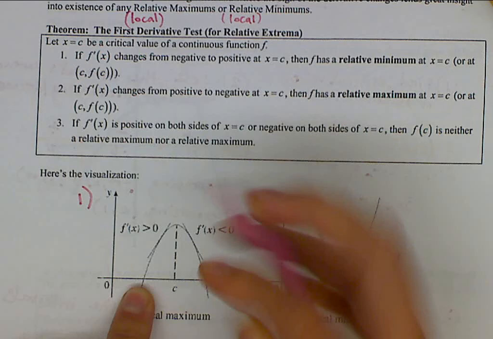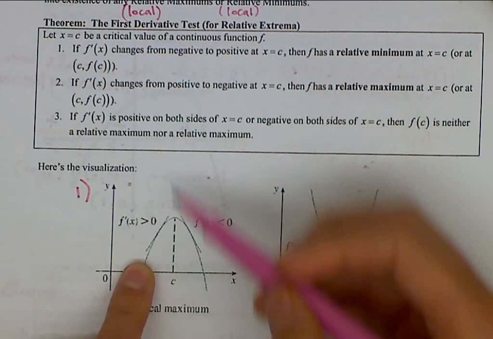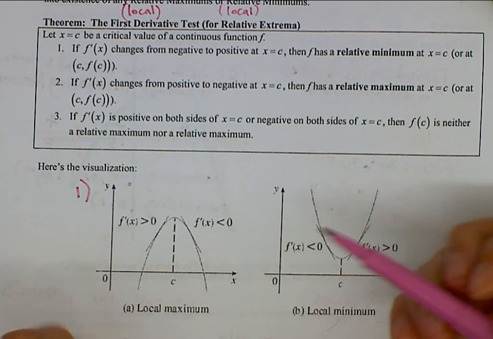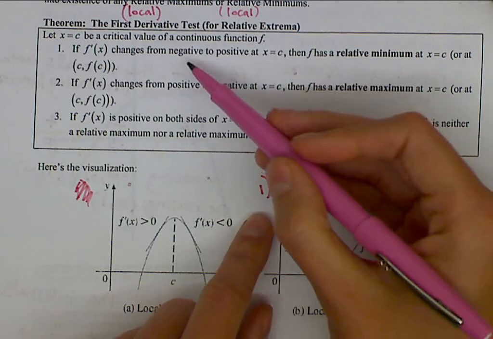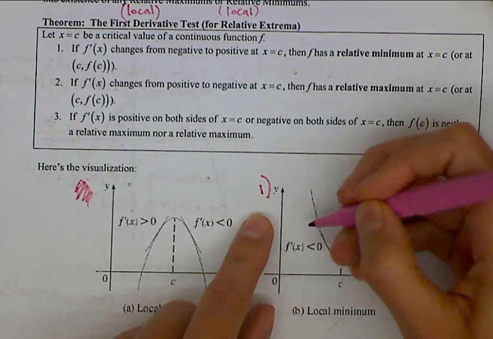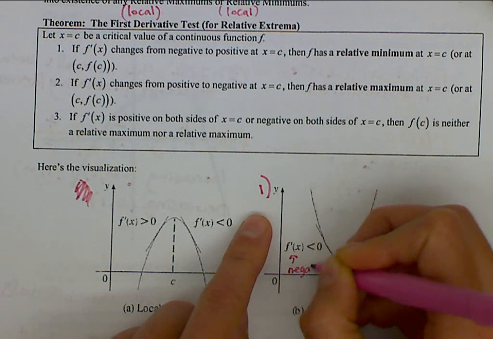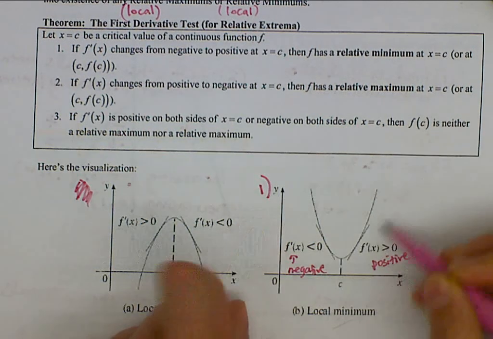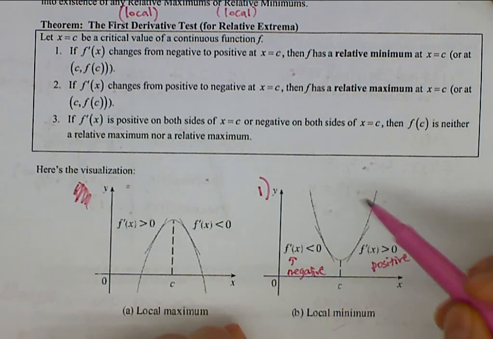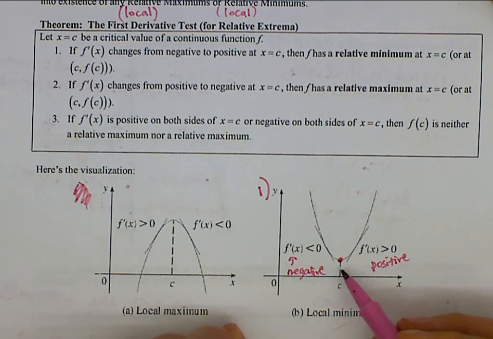It goes with this one. Sorry. So f prime changes from negative. Here, f prime is negative, and then it turns to positive. F prime is changing from negative to positive, so there's a relative minimum at c. See how nicely that translates?